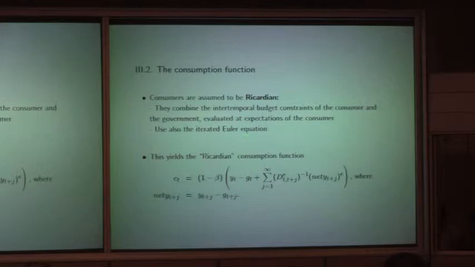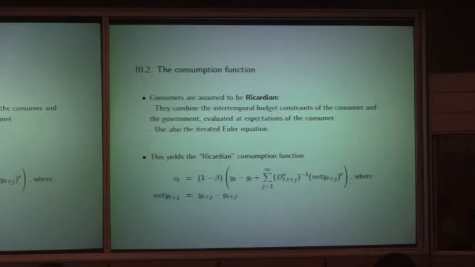And so if you also have an optimality condition, an Euler equation, you do everything and end up with a consumption function, which says that consumption by consumers in period t is a small fraction, 1 minus beta, of the term in brackets. Beta, remember, is the time preference parameter.